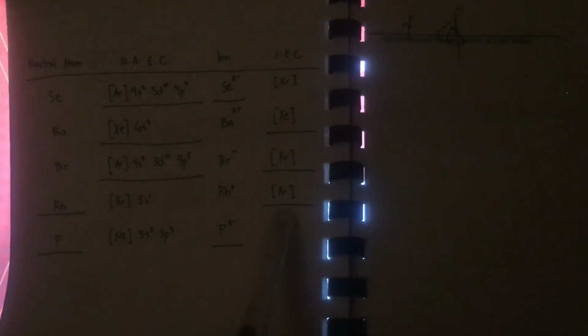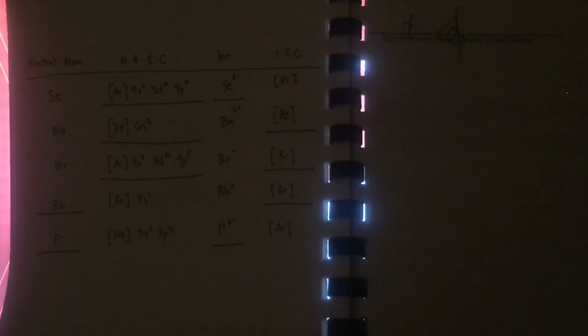Rb, rubidium, has the electron configuration Kr 5s1. 5s1 corresponds to group 1A, therefore it will lose 1 electron to be Rb+. Rb+ also has the same electron configuration as Kr, or krypton.